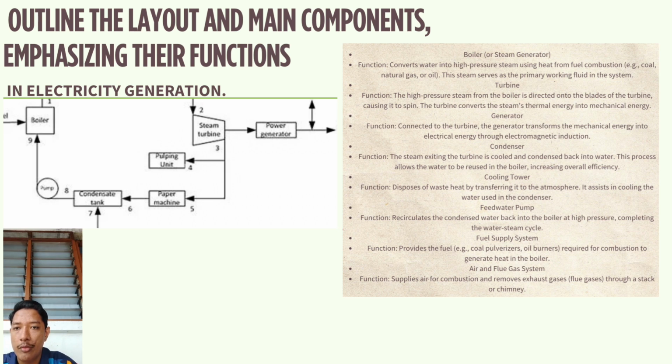Its function is to provide the fuel required for combustion to generate heat in the boiler. Last, we have the air and flue gas system. Its function is to supply air for combustion and remove exhaust gas through a stack or chimney.